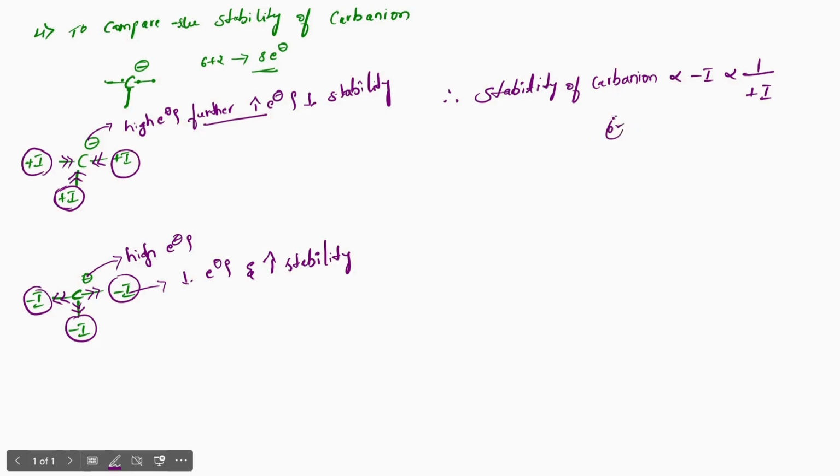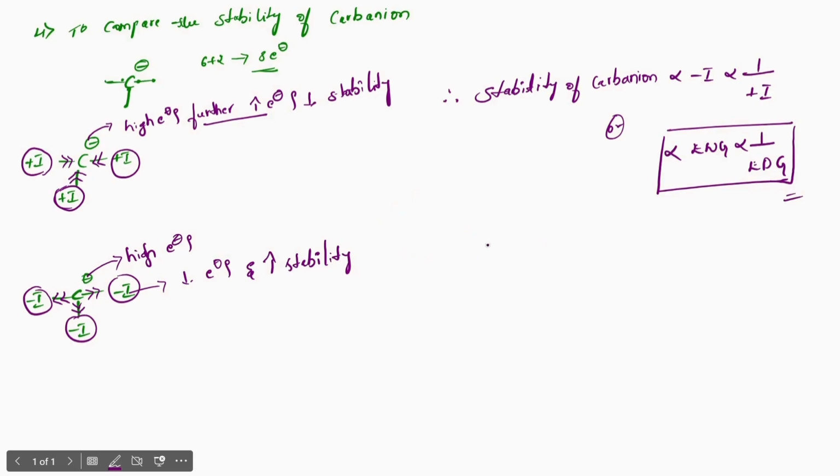Or it is directly proportional to electron withdrawing groups and inversely proportional to electron donating groups. Okay. We will see examples.